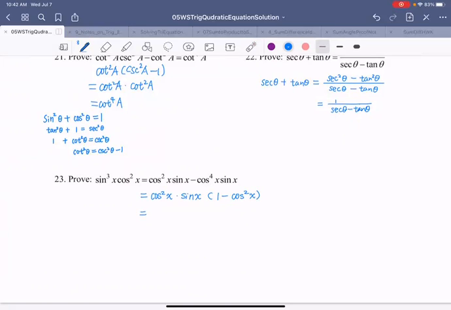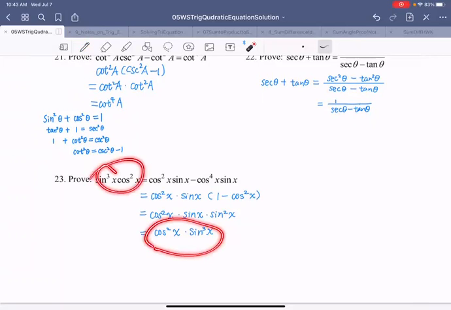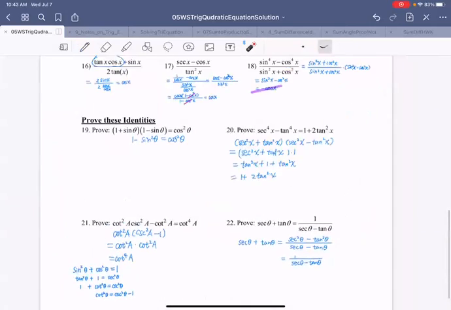So that would just be cosine squared x times sine squared x. Next. And that simplifies to cosine squared x times sine cubed x. That's perfect. That's the answer. Very good. You two do so well. That's good. This is about the trigonometry identity.